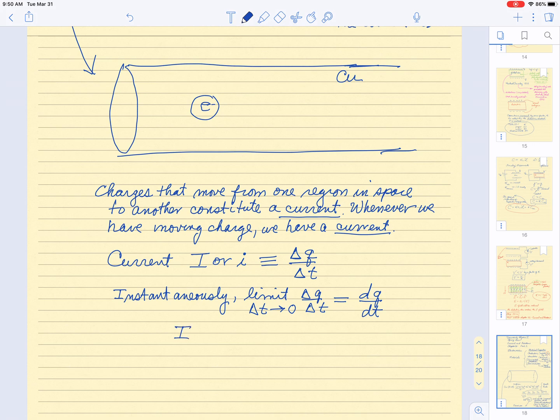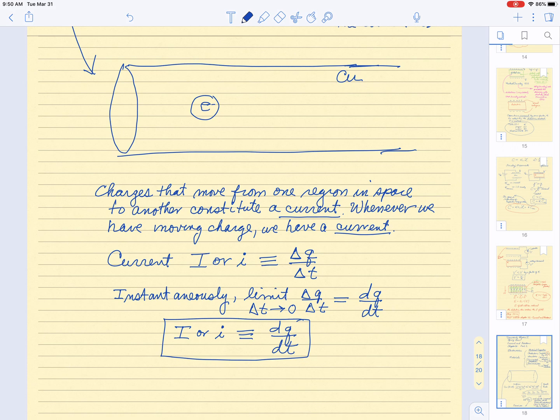So the current, uppercase I or lowercase i, and you'll see both, is going to be defined as dq/dt. And that's worth a box. Okay, so charge on the move is going to represent a current.